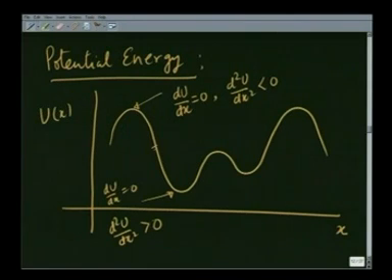At this place, dU/dx is less than 0. On this place, dU/dx is greater than 0. So, let us look at these 4 points and see what I can say about them.